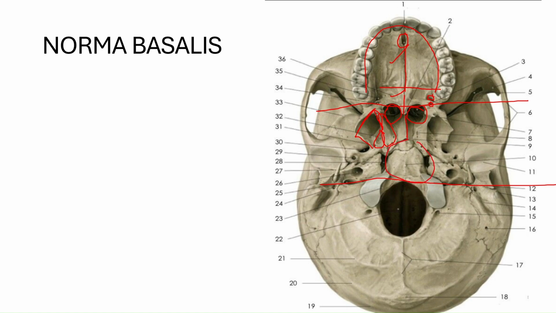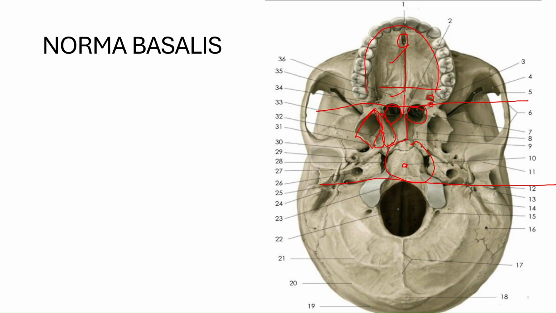This bony bar is formed by some part of the body of the sphenoid and the basilar part of the occipital bone. Here a very important part you will see is the pharyngeal tubercle, which provides attachment to the pharyngeal raphe, which in turn gives attachment to the constrictors of the pharynx.